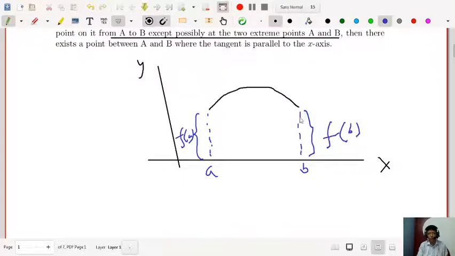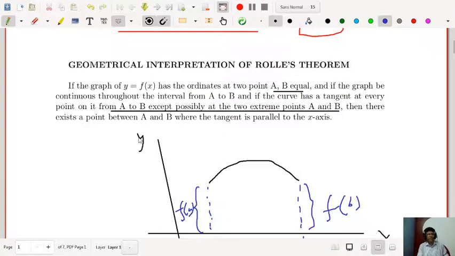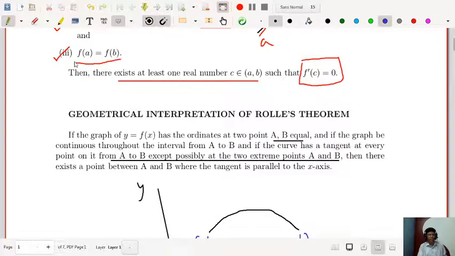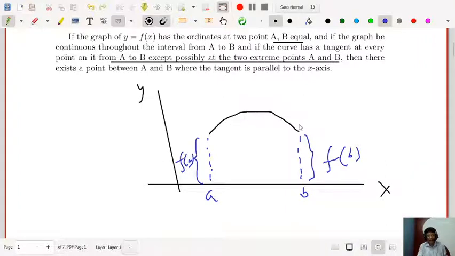You look at that, these two heights are equal, so it satisfies the third condition that f(a) equals f(b). The curve y equals f(x) is continuous between a and b, that is, without lifting the pen you can draw the diagram. There is no discontinuity in the graph, and at every point between a and b you can draw tangents. It is differentiable between a and b.